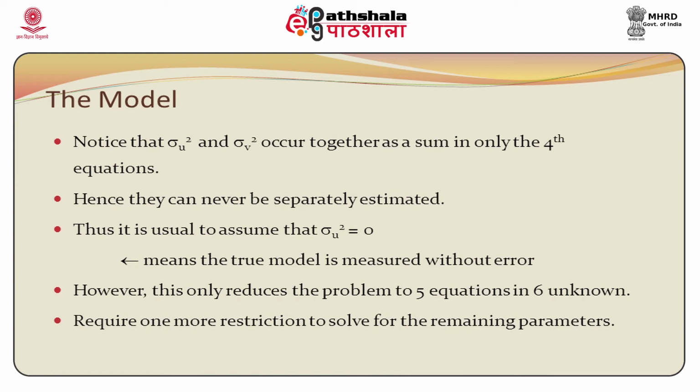And when we look at the observed model, the error comes in primarily through the y error, that is v, and it comes in through w as well. So, we assume that the true model is error free, and hence the number of parameters now reduces by 1. So, we still have 5 equations, but we have 6 unknowns. So, we still need one other restriction to make.